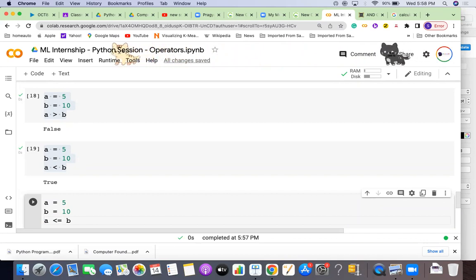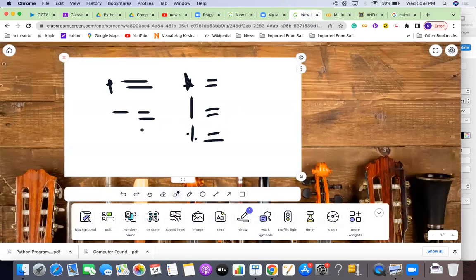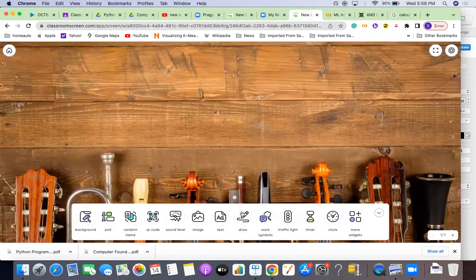A is not equal to B. Sir, A is less than B. A is, but A is not equal to B, so it gives false. Okay, so A is less than B, correct? That is what I'm looking for, no?